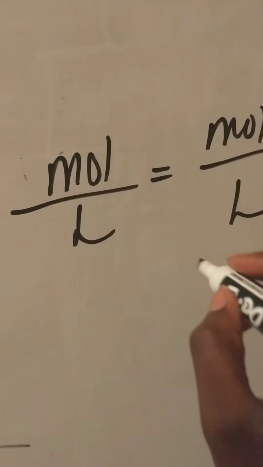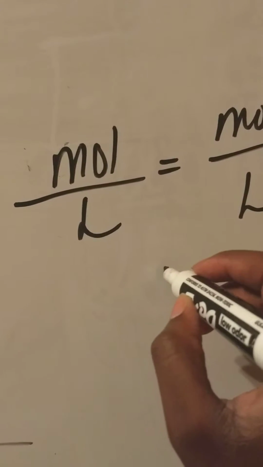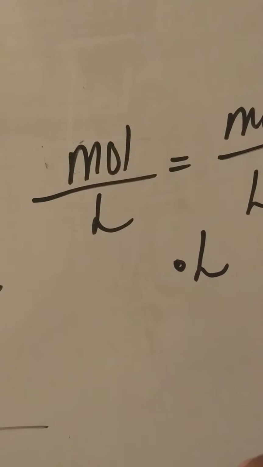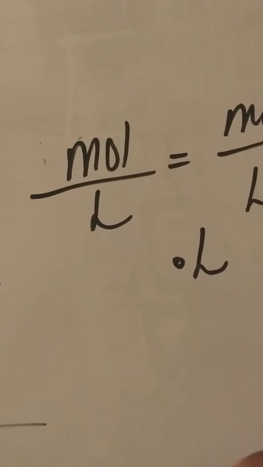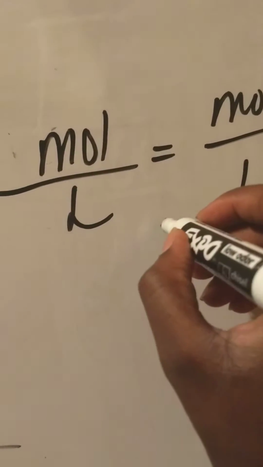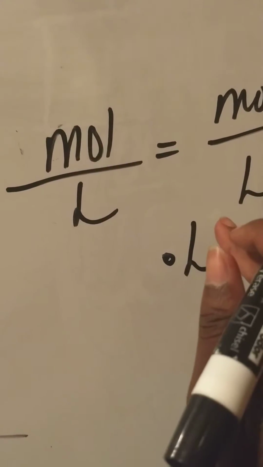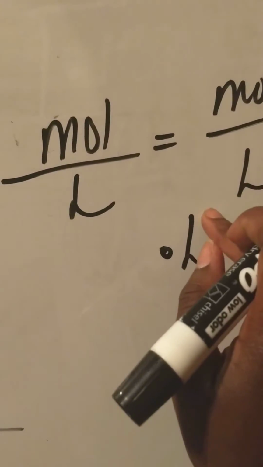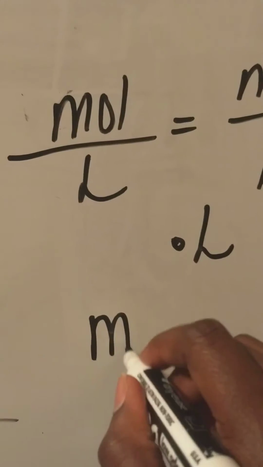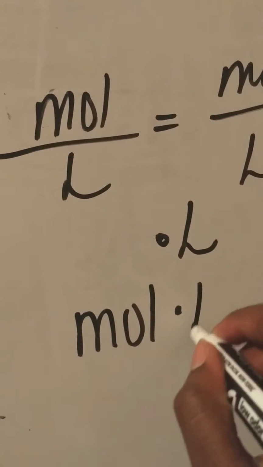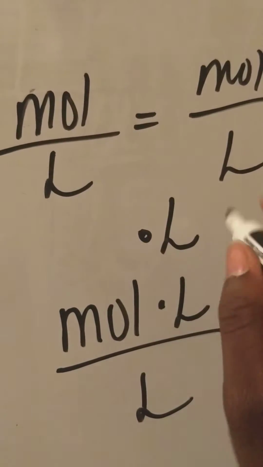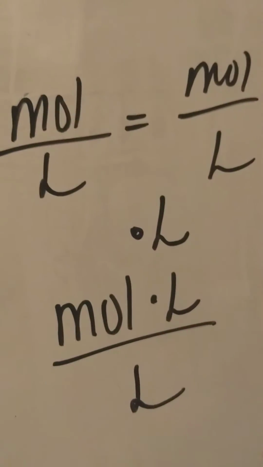So basically, when you multiply your liters, you are multiplying the inverse. So it would technically end up looking something like moles times liters over moles, because this liters would be over 1.